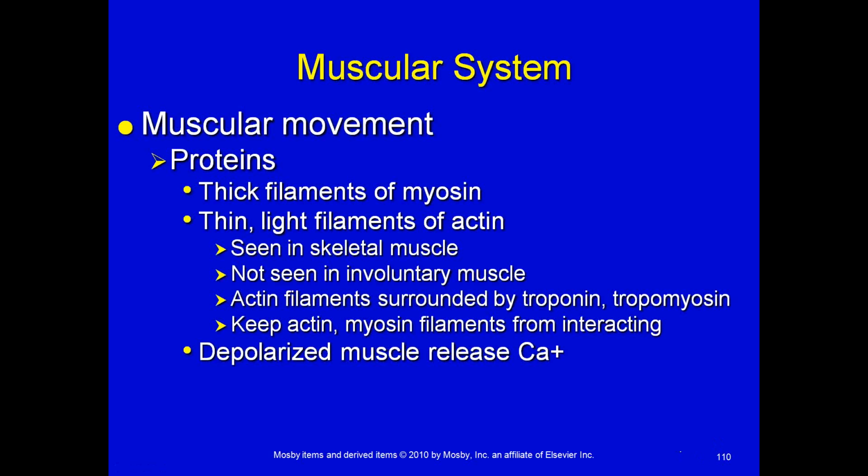Now, contraction of a muscle could be isometric, and that's where the length of the muscle remains unchanged, but there's tension along the muscle which increases tone or firmness. So an isometric exercise would be putting your hands together in a praying motion and pushing hard against both of them for a period of time.